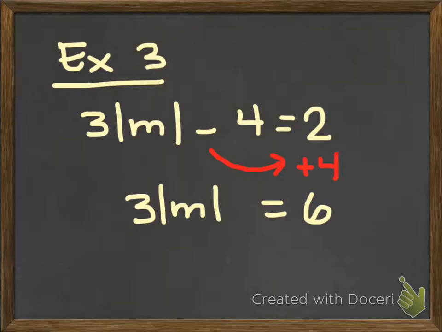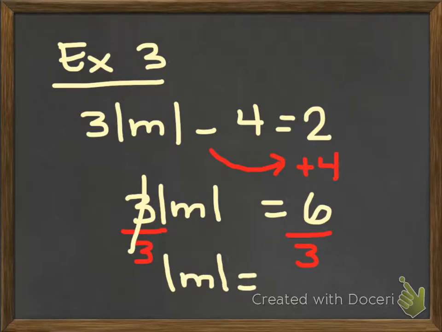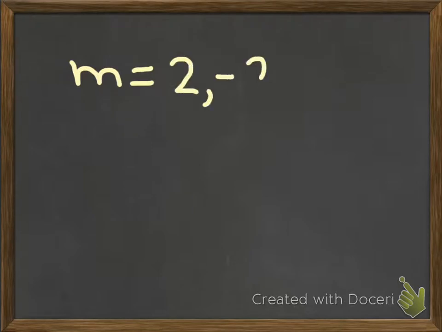Okay, then there's a 3 in front of the absolute value of m, so you need to divide both sides by 3. Divide by 3, divide by 3. So now you have absolute value of m equals 6 divided by 3 is 2. So the two answers that work are m equals 2 and -2.